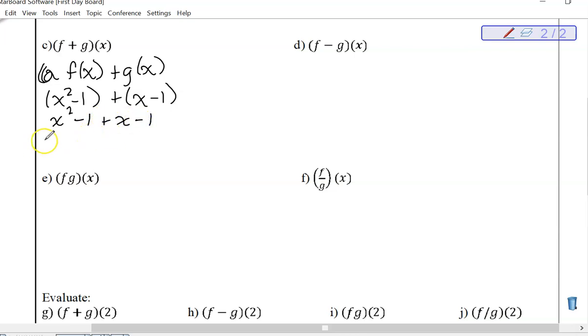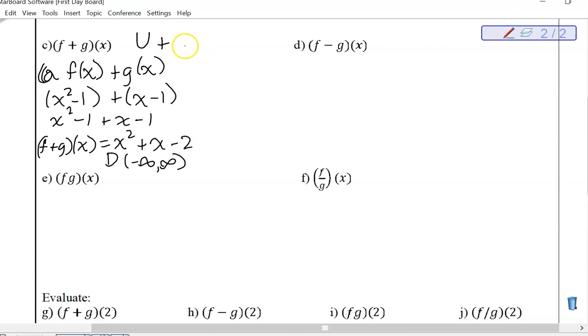Let's combine like terms. So the f plus g of x is equal to x squared plus x minus 2. What's that? That's a parabola. So when I add a parabola plus a line, I get a new parabola over the domain everywhere, all the x's. Just a new parabola, a different parabola.